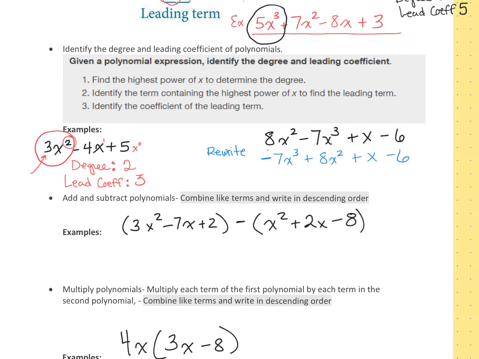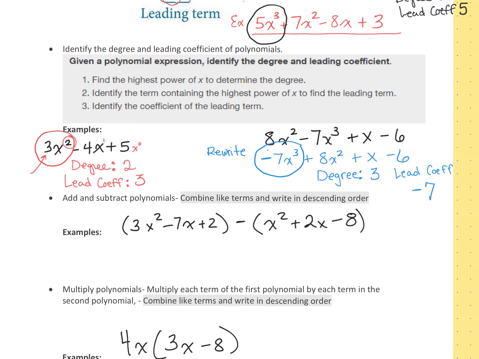So now it's in descending order. And we can take a look at our first term, which is our term with the highest exponent. So in this case, what is our degree and what is our lead coefficient? Well, hopefully you said the degree is 3 and the lead coefficient is -7. Put that here.